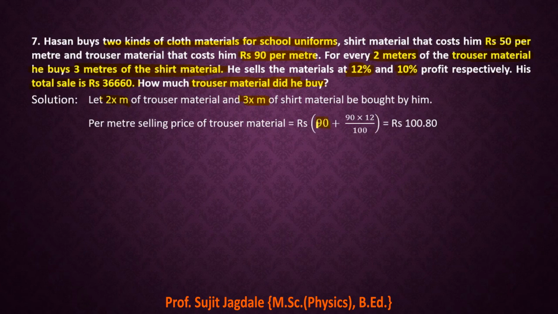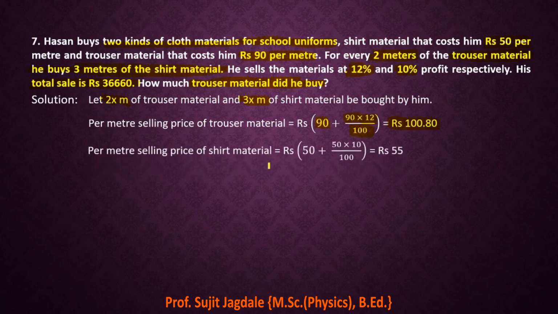Here CP is 90, that means cost price 90 per meter for trouser. So SP is 90 plus 90 into 12 divided by 100. By solving this, we get the SP, which is rupees 100.80, 100 rupees and 80 paisa, for the trouser material.